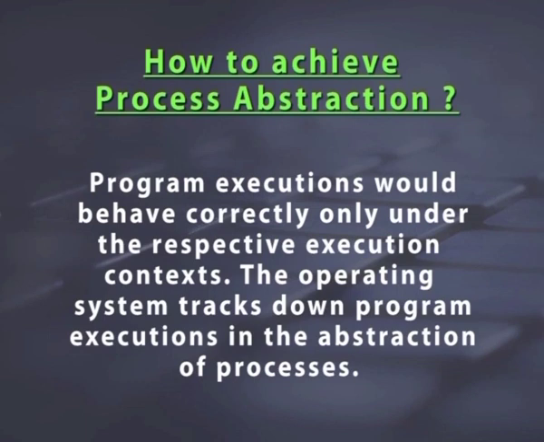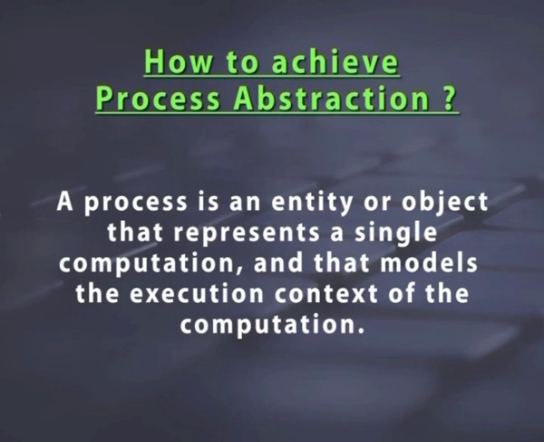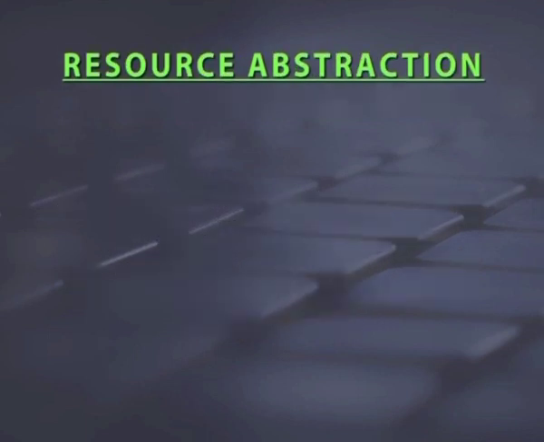Program executions would behave correctly only under the respective execution contexts. The operating system tracks down program executions in the abstraction of processes. A process is an entity or object that represents a single computation and that models the execution context of the computation. Next, we are going to discuss resource abstraction.